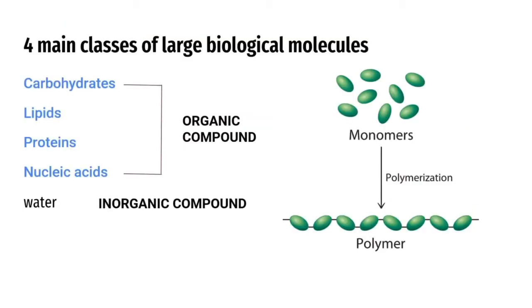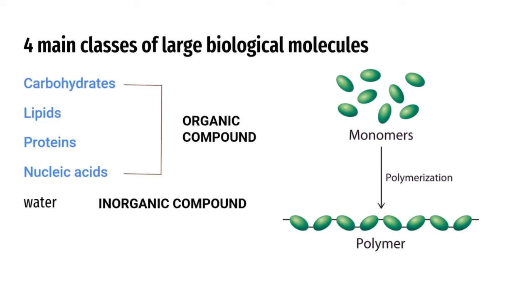There are four main classes of large biological molecules, which is another name of macromolecules. They are carbohydrates, lipids, proteins, and nucleic acids. Water is also a macromolecule, but the other four, carbohydrates, lipids, proteins, and nucleic acids, are organic compounds, but water is an inorganic compound.